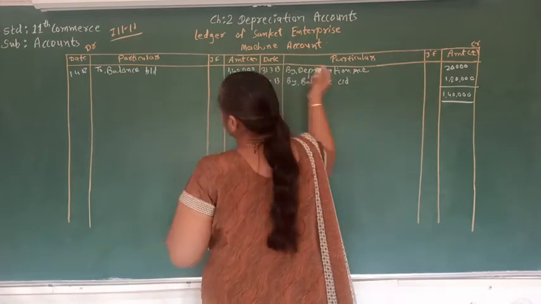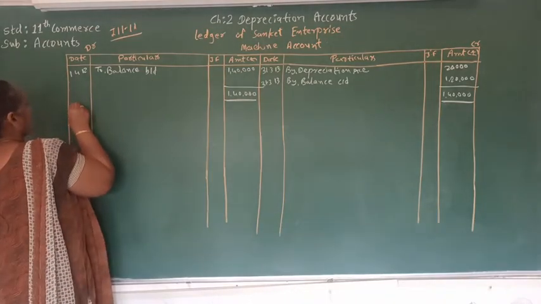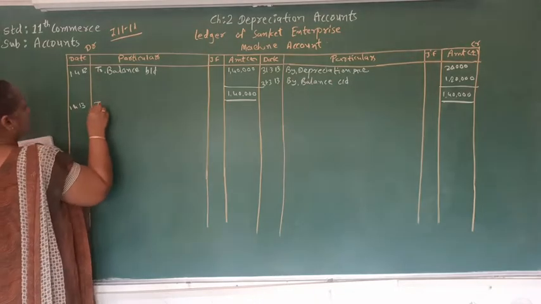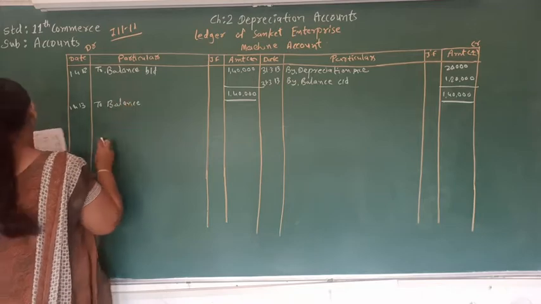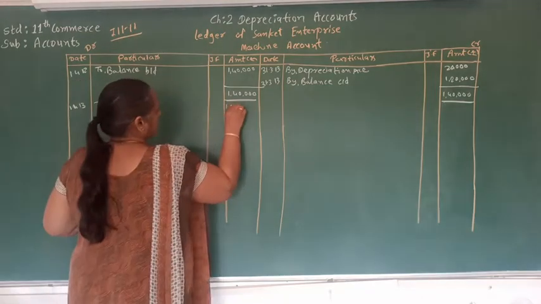For the next year, the opening balance of the machine account will be on 1/4/13, to balance brought down, and the amount will be 1,20,000.